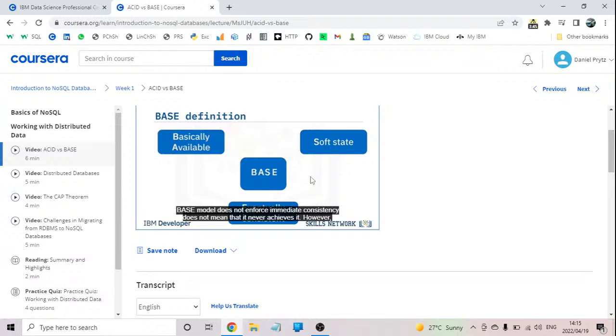Consistency may eventually be achieved, but data reads may continue to be inaccurate, right?